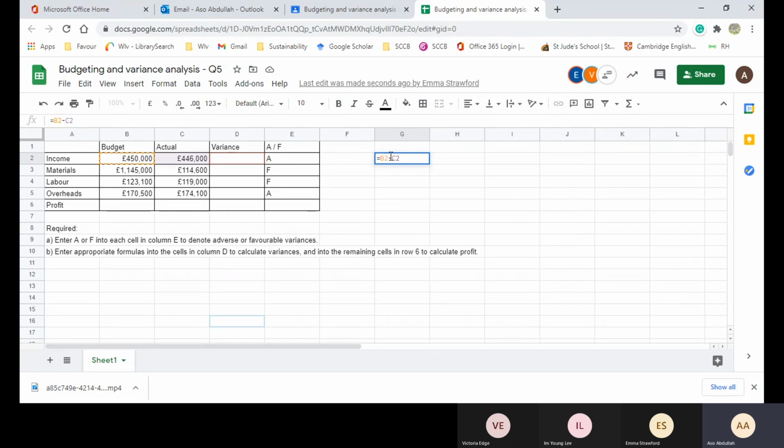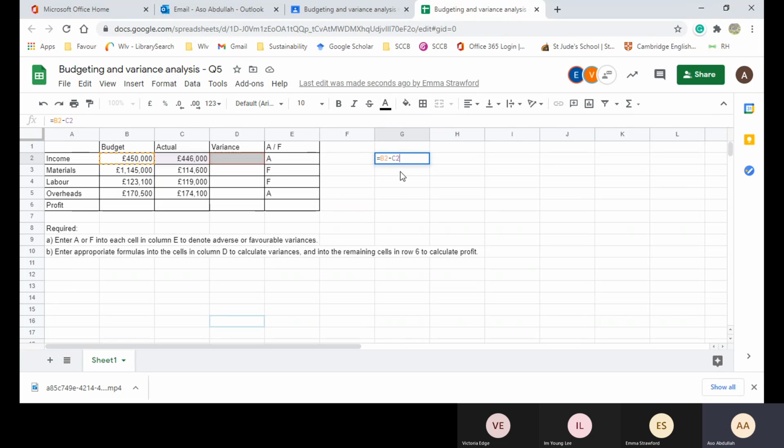This is what they wanted, because if you remember I said the variances should just be a positive figure. It doesn't matter whether it is favorable or adverse. So if we're looking at B2, 450,000, it is greater than C2.